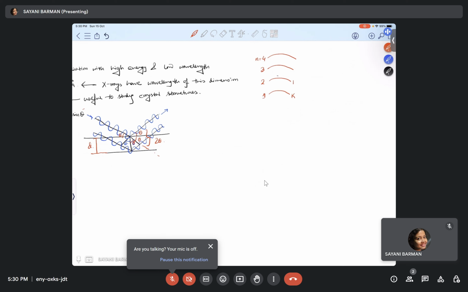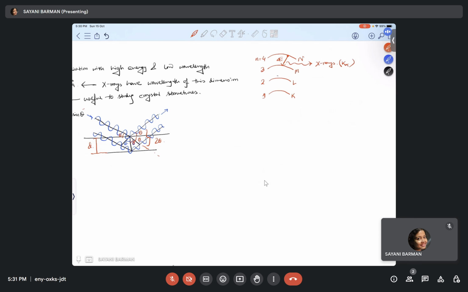This is K, this is L, this is M, this is N. Let's say from here, an outer shell electron transition is happening, and it's related to small delta E. And this will emit X-rays like K alpha. But the inner shell one will take generally. This is also releasing. This is the material.